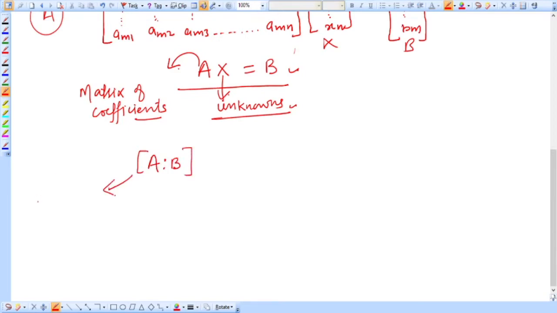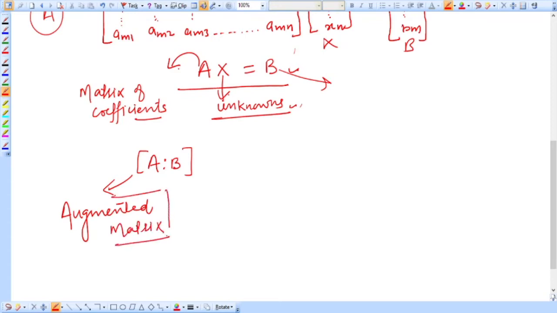You can also call the B matrix the matrix of constants. This matrix is known as the augmented matrix, and it is a very important matrix when we are solving linear equations.